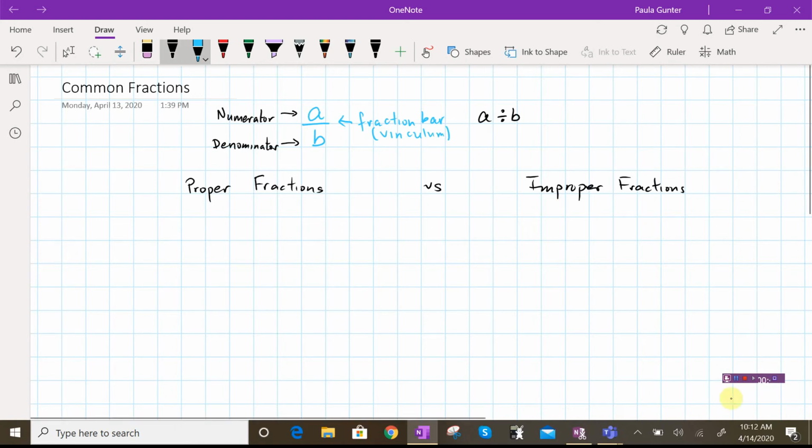All right, what is a proper fraction? A proper fraction can be written as having a numerator that is smaller than the denominator. So the numerator, that's the number on top, is smaller than the denominator.